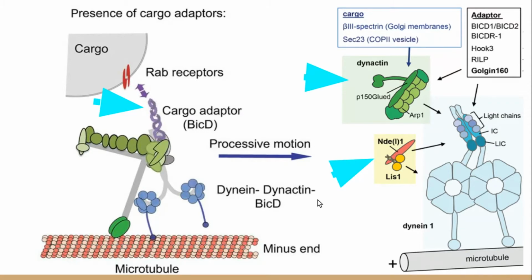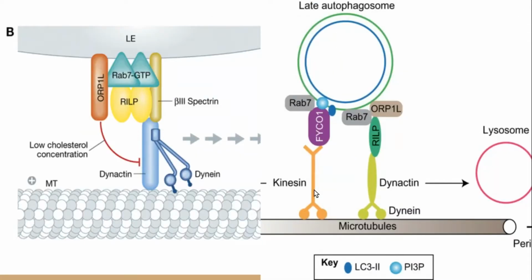In the next couple of slides, we're going to look at some more specific examples of dynein transport. In an earlier slide, we talked about how lysosomes and late endosomes are transported anterogradely towards the cell periphery.